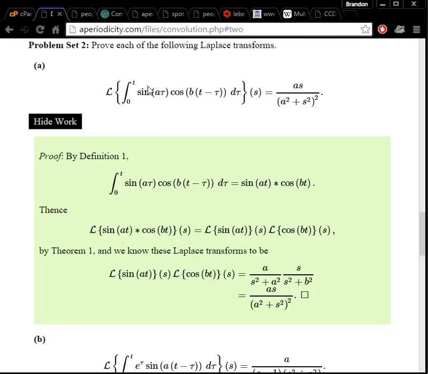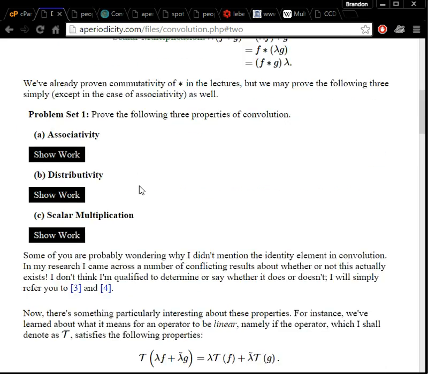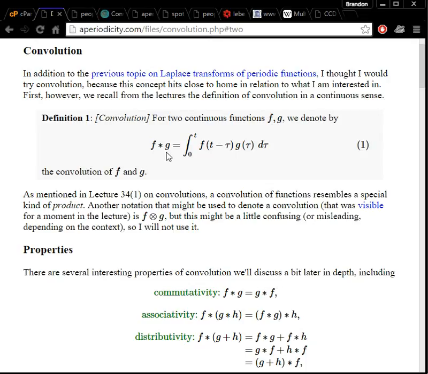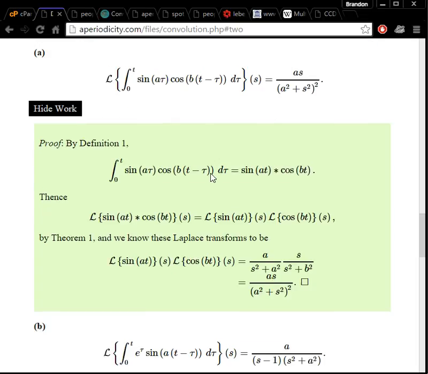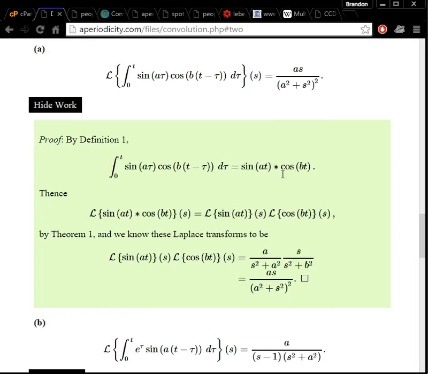So for the first one, it's the Laplace transform of this integral, and we recognize that this is the convolution of sine of at and cos of bt, because by definition 1, if f is sine of at and g is cos of bt, then this would, or we can even reverse it by commutativity, we would obtain this convolution.